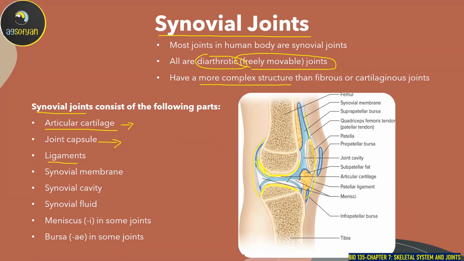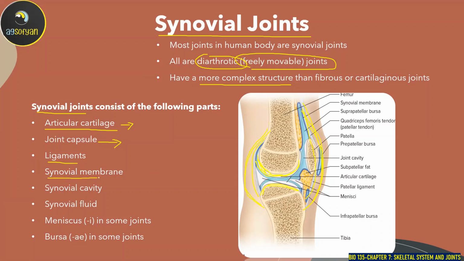A ligament is fibrous connective tissue that connects one bone with another, usually on the outside of the synovial capsule. This ligament will hold the bones together. When there is movement, it will strengthen the structure.